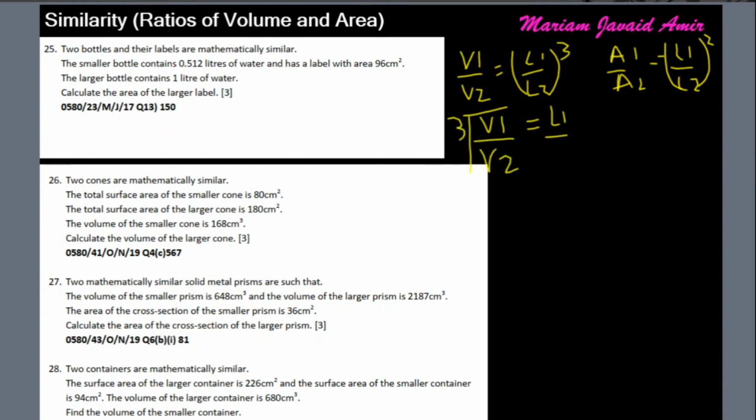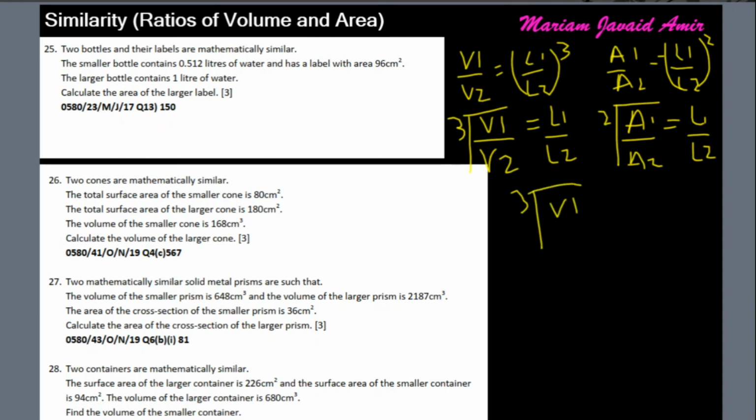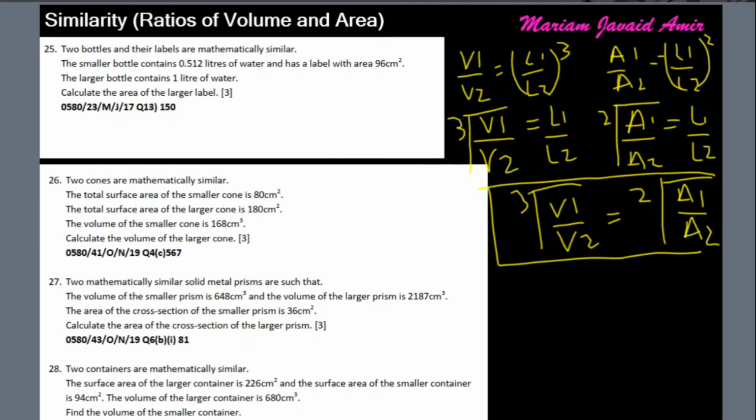This becomes L1 over L2, and here take square root, equals L1 over L2, which means now we can equate cube root of V1 over V2 is equal to square root of A1 over A2. If you can remember this formula, and this is a very handy formula, try to keep this in mind.